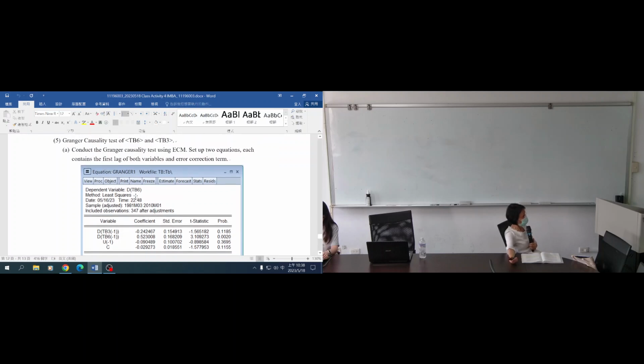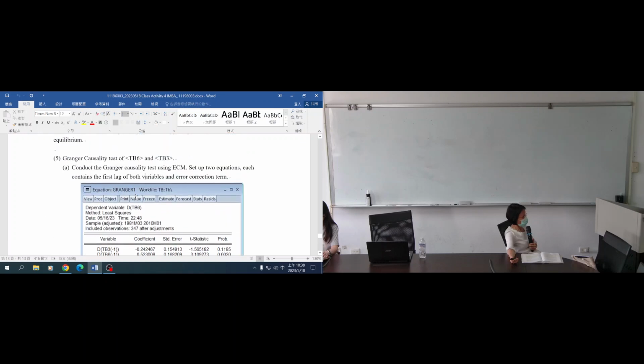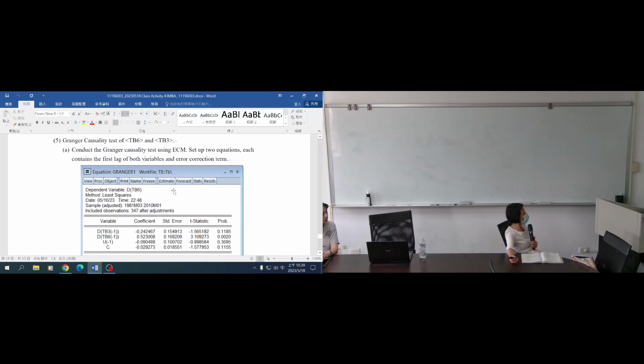Okay. Then what's the meaning of the ECM here? Okay, ECM looks at the relationship between the long run and short run.